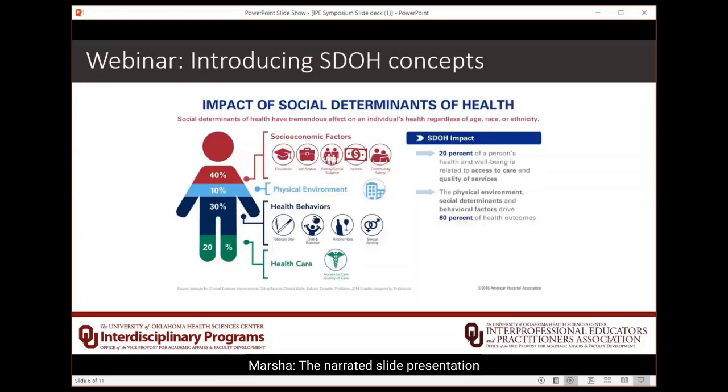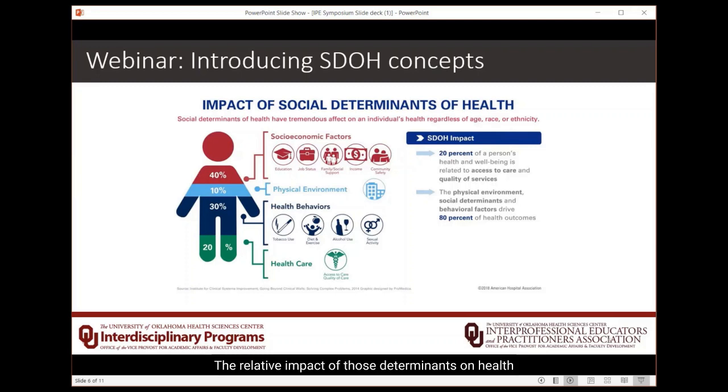The narrated slide presentation was developed to give learners a better understanding of various social determinants, including socioeconomic factors, the physical environment, health behaviors, and access to quality health care.